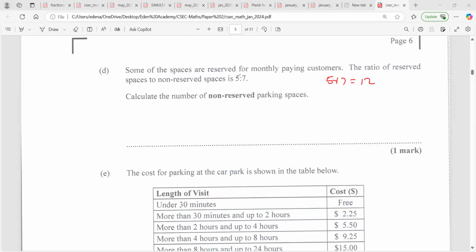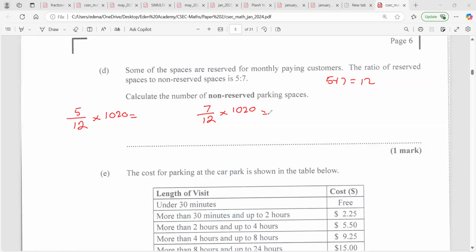The 5 represents the reserved spaces. The non-reserved spaces will be 7. So 5 over 12 multiplied by 1,020 is the reserved, and 7 over 12 is the non-reserved, which is the one we're really interested in anyway. So we don't need to worry about both.